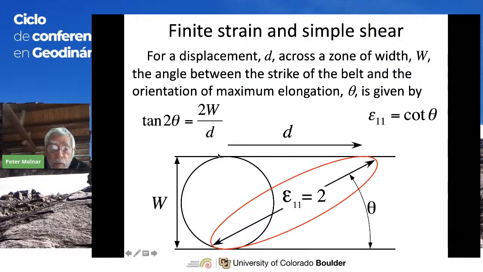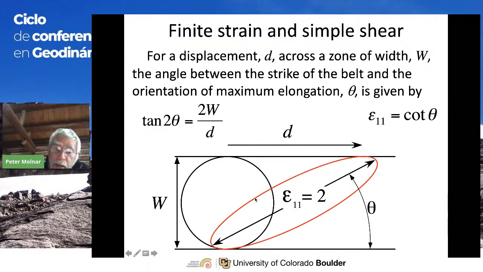If we imagine we start with a circle and we have a shear zone with width W, and we displace one side a distance D with respect to the other side, we stretch out into this red strain ellipse. And the relationship is simple. The tangent of 2 times this angle is simply the ratio of twice the width divided by the total displacement here.